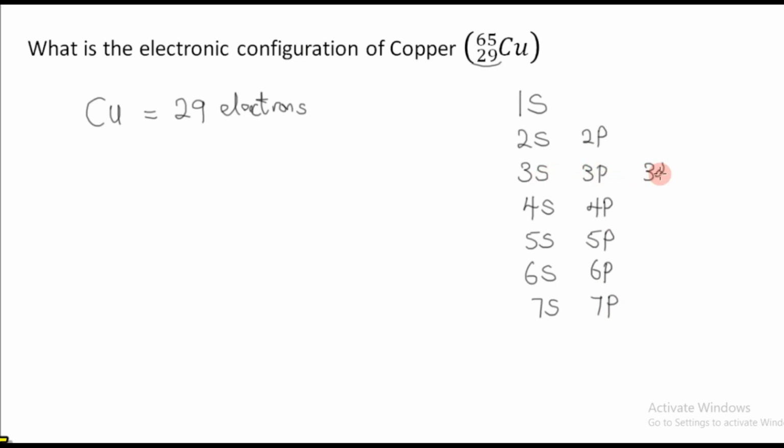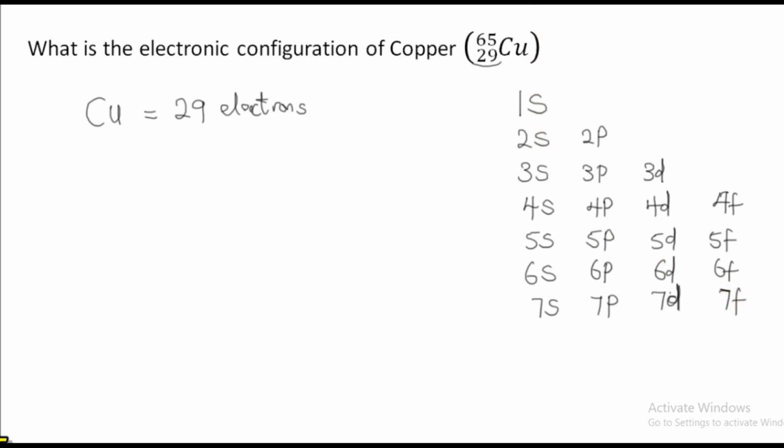So we have 3d, 4d, 5d, 6d, 7d, right? After the d orbital is the f orbital, and it starts from the fourth energy level. So we have 4f, 5f, 6f, and 7f, right?